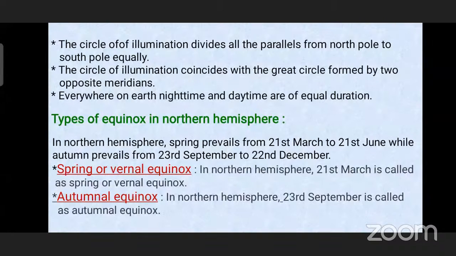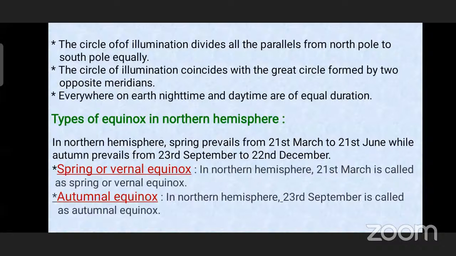In northern hemisphere, 21st March is called as spring or vernal equinox. So why are they called like this? Because in northern hemisphere, spring prevails from 21st March to 21st June. So as the spring starts from 21st March, this day is called as spring or vernal equinox.